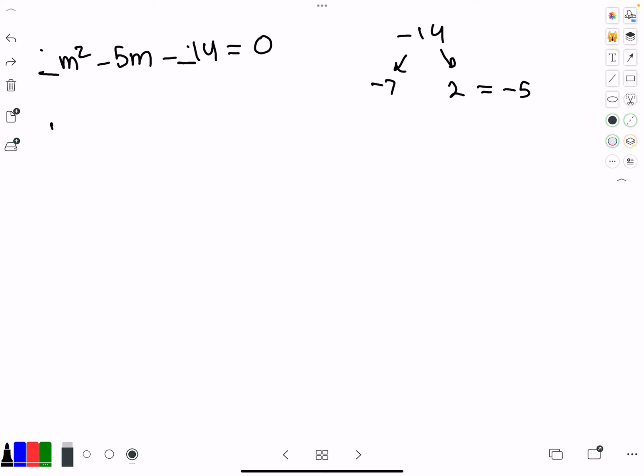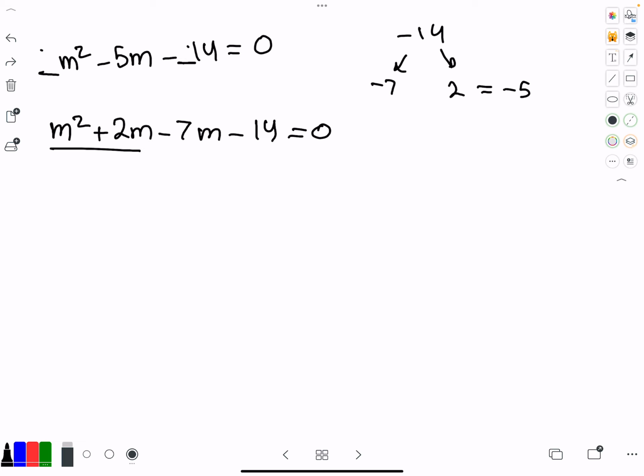So you take m squared minus... actually, no, you need to do it in addition order. So basically you need to put the positives first and then the negative. This is maybe hard to remember, but you need to keep in mind you always put the positives first. So you need to do m squared plus 2m minus 7m minus 14 is equal to 0.